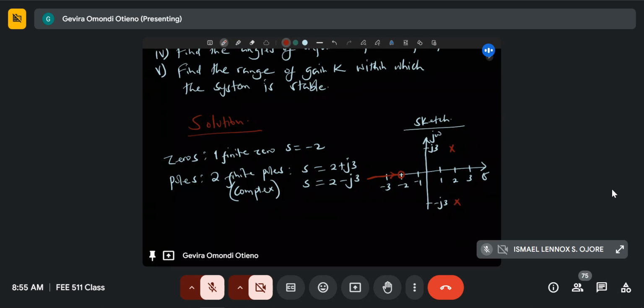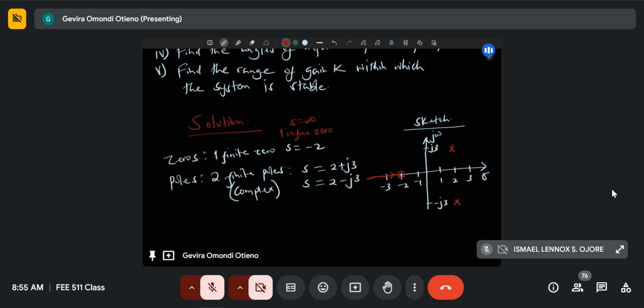The other thing to remember, because we have 2 finite poles and only 1 finite zero, we should have another zero at infinity, S equals infinity. From our previous classes, we know each pole must terminate at a zero. So if there are 2 poles, we need 2 zeros.